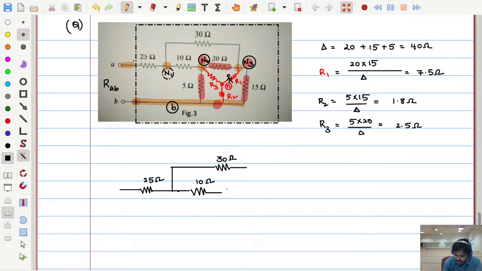Next is this node, let me put as N2. Next on the other side, this B is there, let me take as it is, and this 30 ohm is connected at the node N3.